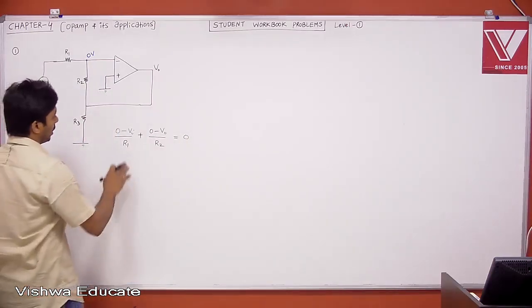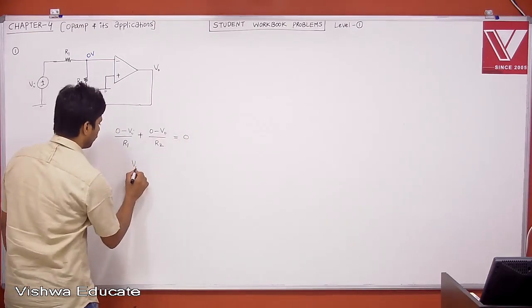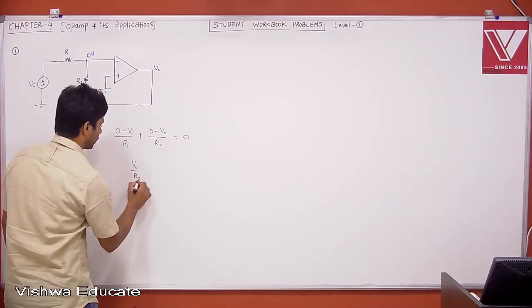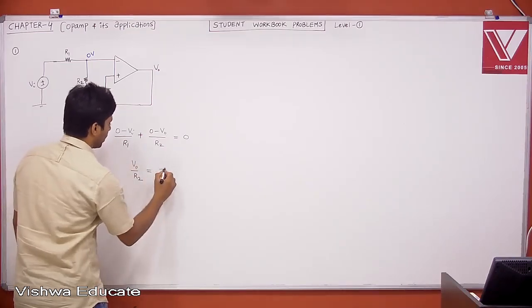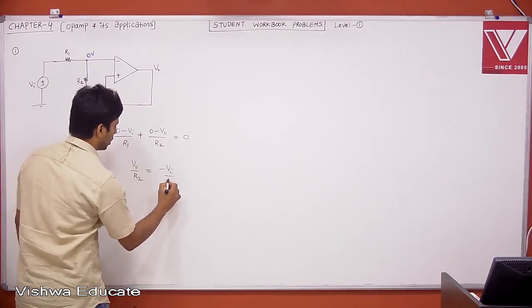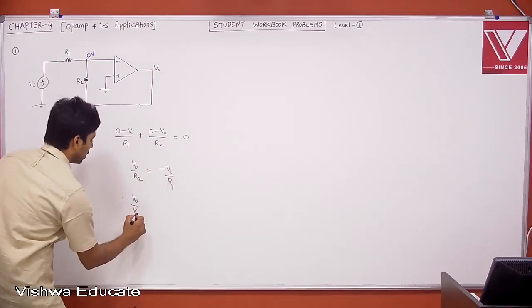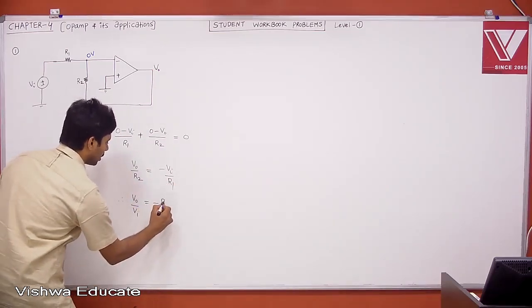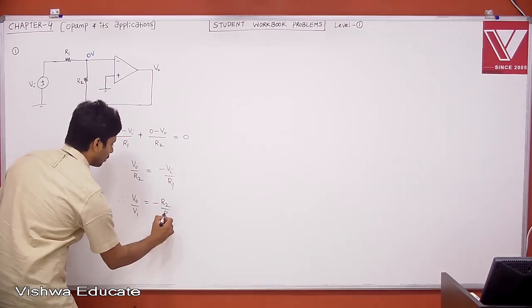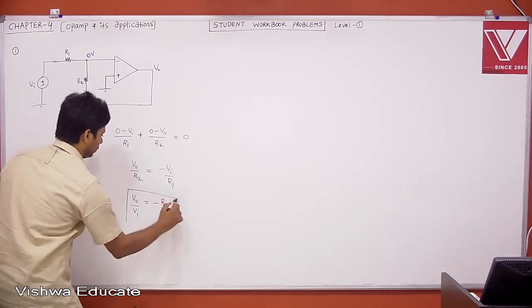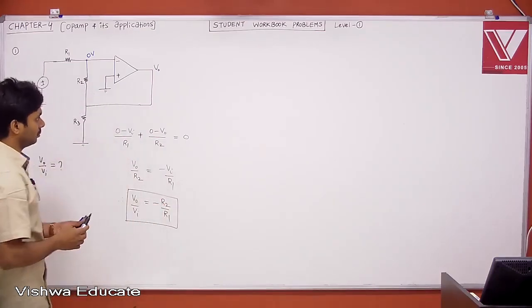Therefore V0 by R2 is equal to minus Vi by R1. Therefore V0 by Vi is equal to minus R2 divided by R1. This is nothing but your inverting amplifier.